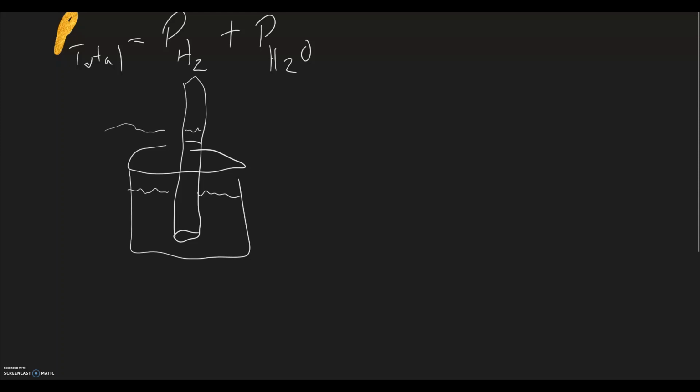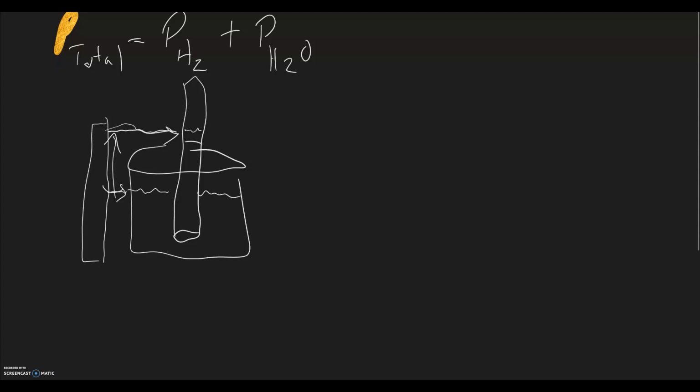So what we do is we measure the height in millimeters using a meter stick going from here to here. So we'd figure out what this distance is in millimeters.